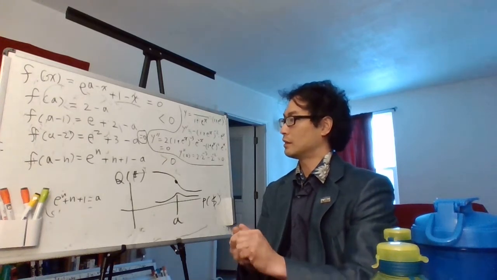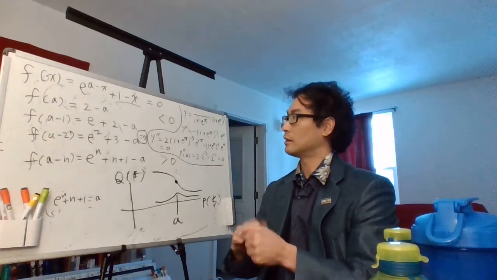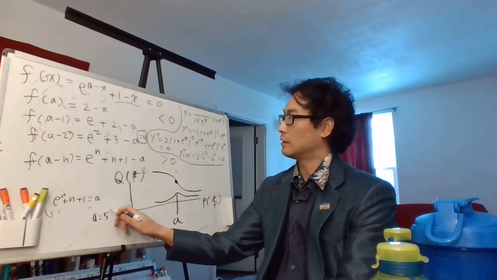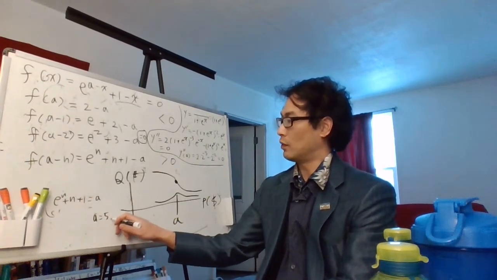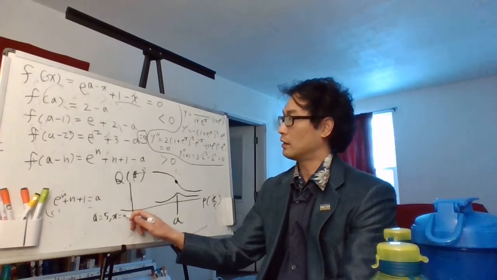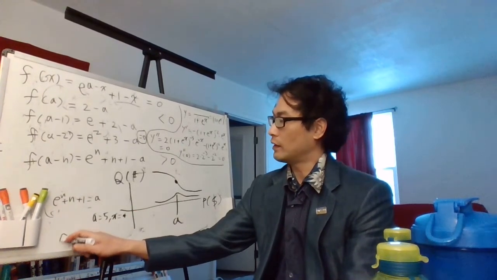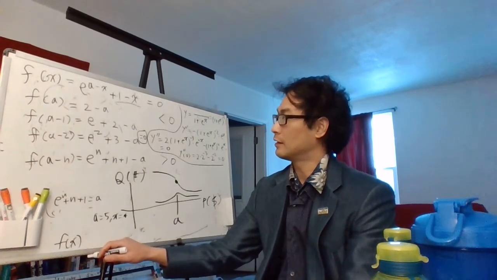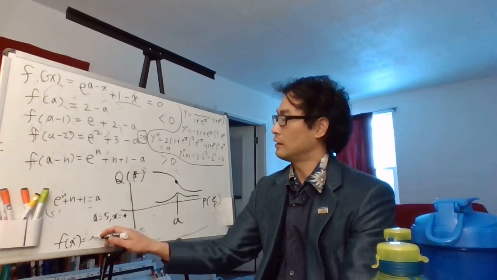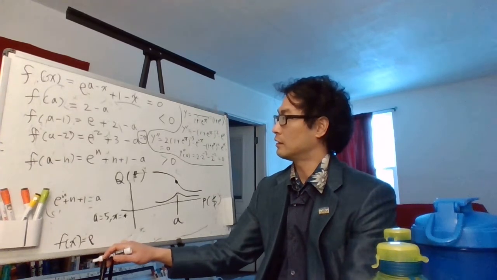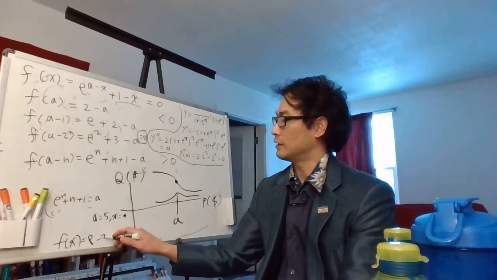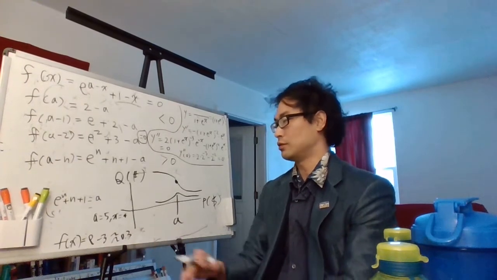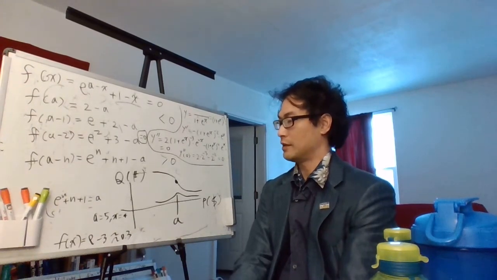Okay, let's say a is 5 and x is 4. Then f(x) becomes e to the minus 3, which is about 0.03, quite close to zero compared to other cases.